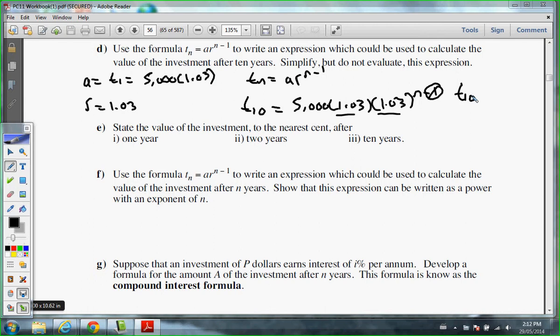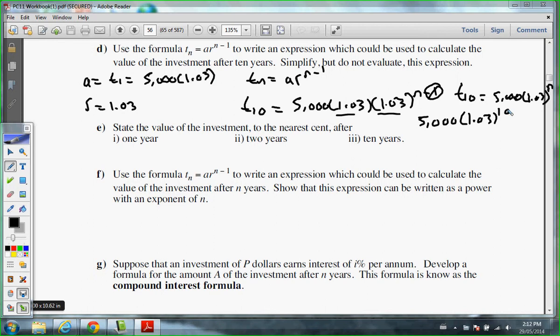So we actually write 5,000 times 1.03 to the n. Which gives us 5,000 times 1.03 to the 10th.